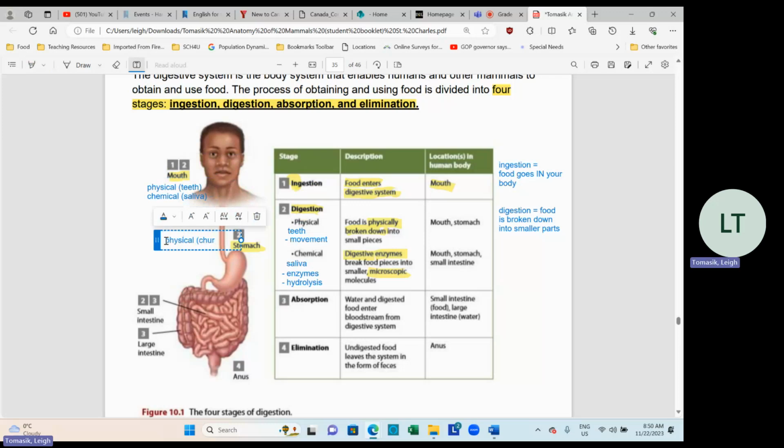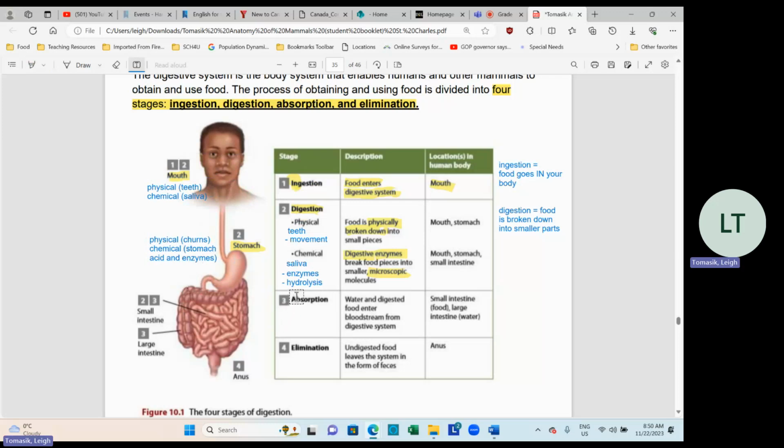This is when your stomach churns, right? It's a big muscle and it moves and it can mix your food around. And then you have also stomach acid and enzymes, right? So physical and chemical digestion happen in the mouth. They also happen in the stomach.